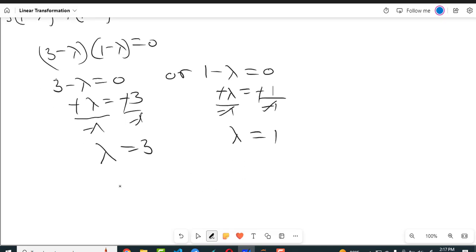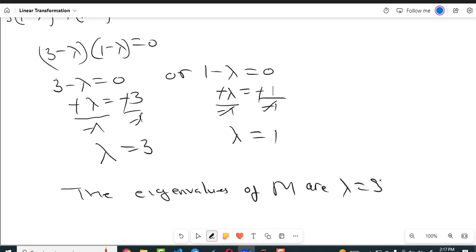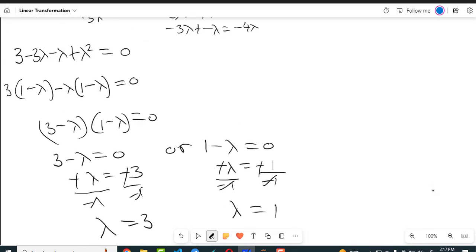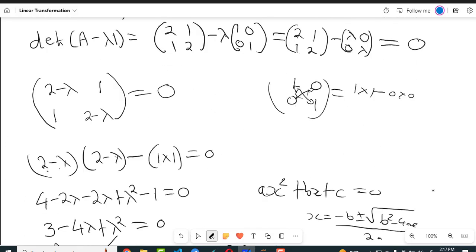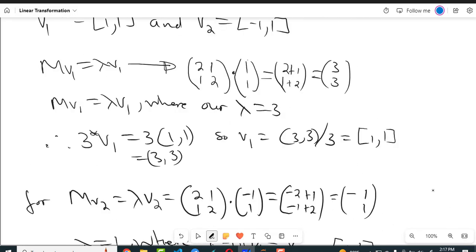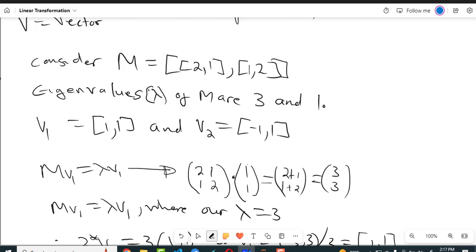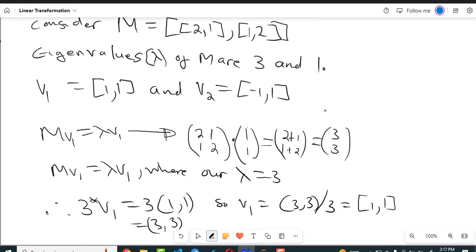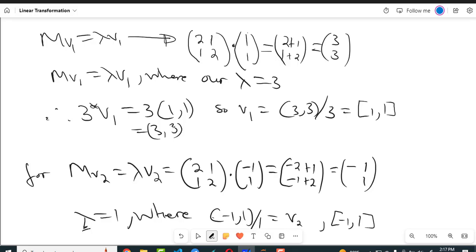So here we can see that the eigenvalues of M are lambda equals 3 and lambda equals 1. As I already mentioned on top, in the question we did above as an example, I said the eigenvalues lambda are 3 and 1, and we found vector 1 and vector 2.